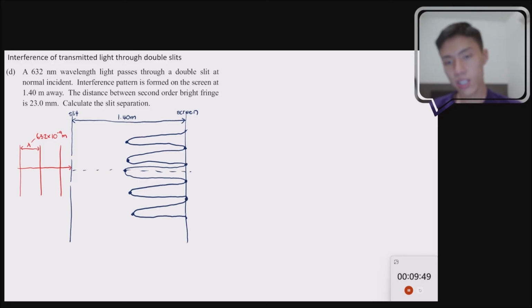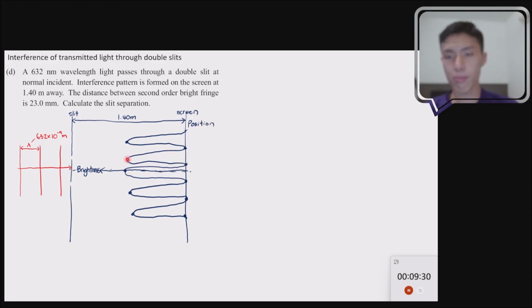What I am drawing here is the graph. You can think of this as brightness against position. So this is what you usually draw.